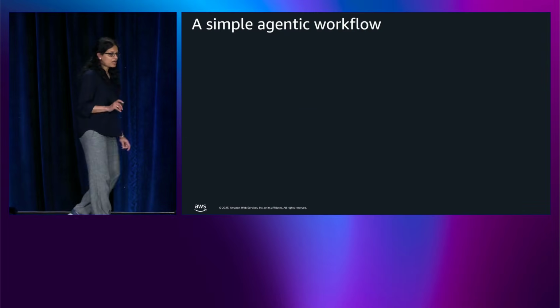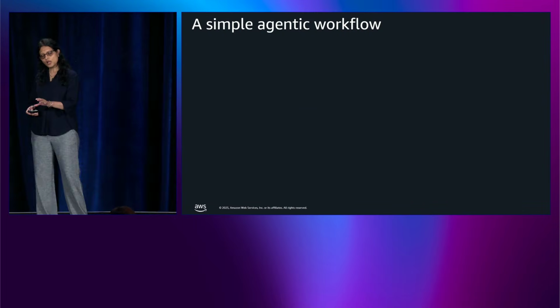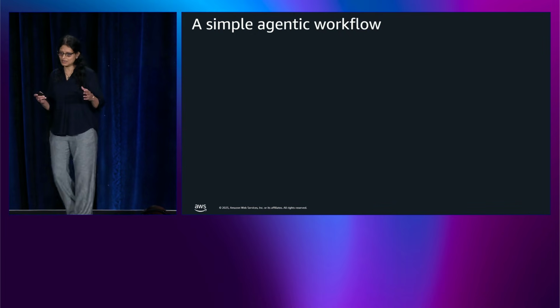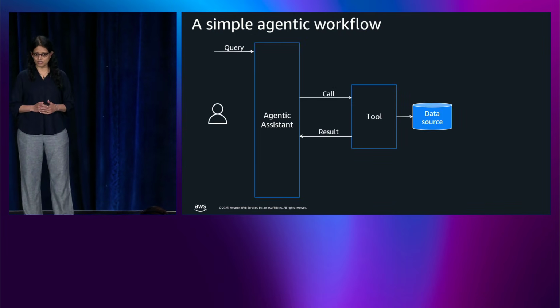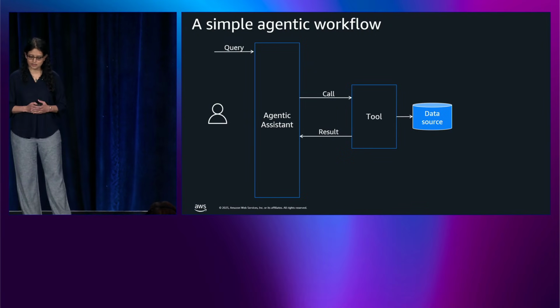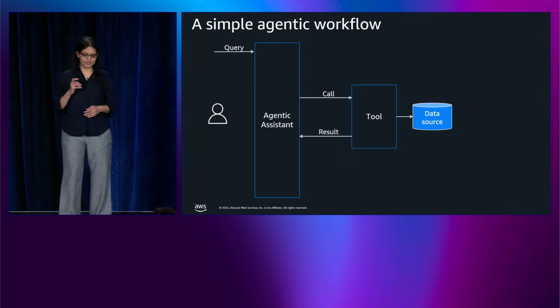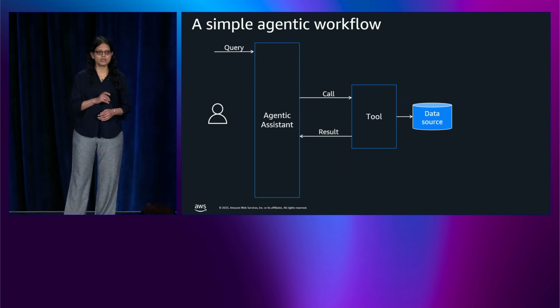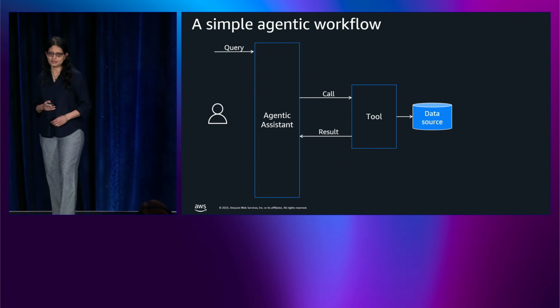Now, let's summarize all of this. So we talked about the agentic loop, we talked about the building blocks, but now let's put a simple example of a workflow. So you as a data engineer, you're asking a question to build the pipeline in natural language. Your interaction is with the agentic assistant, and then the agentic assistant is already integrated with the tools, your data sources.